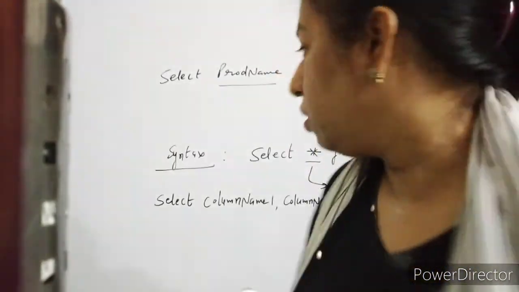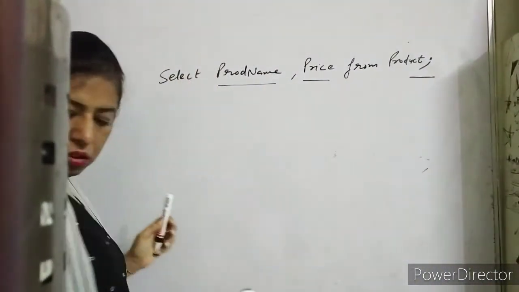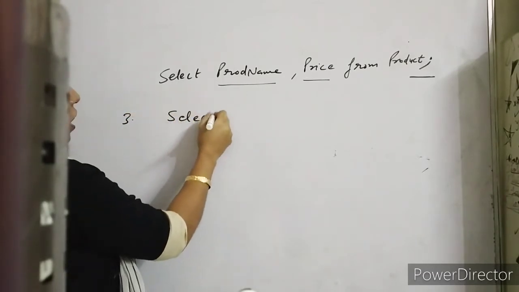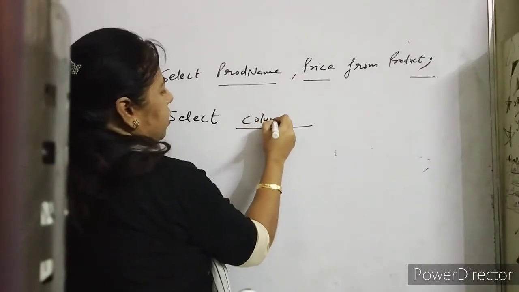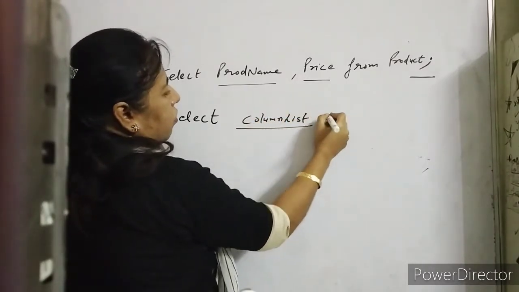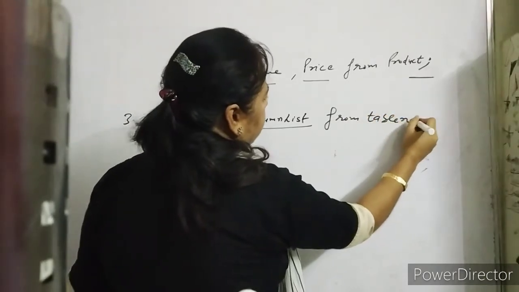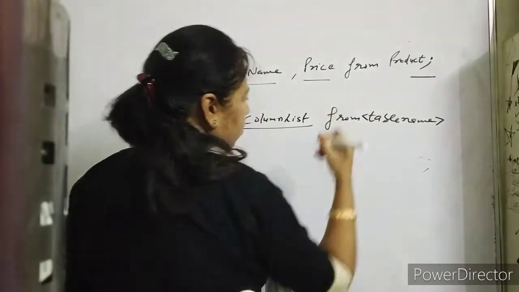Next is the third syntax of select queries. Select, whatever you want to display, write here column list, from table name. I am writing the syntax here; I can use angular brackets also.